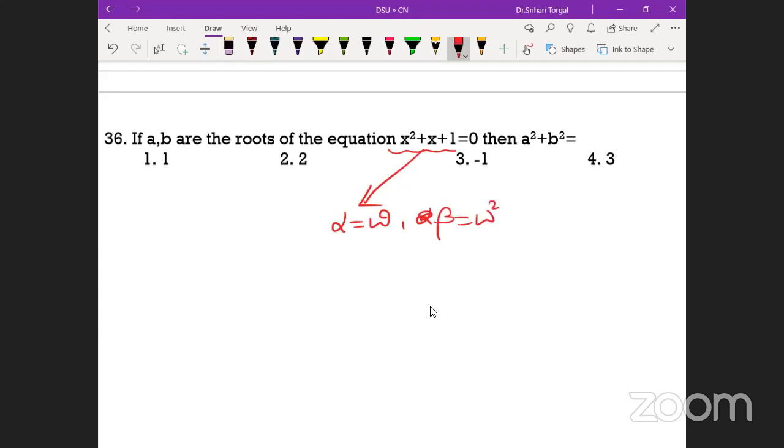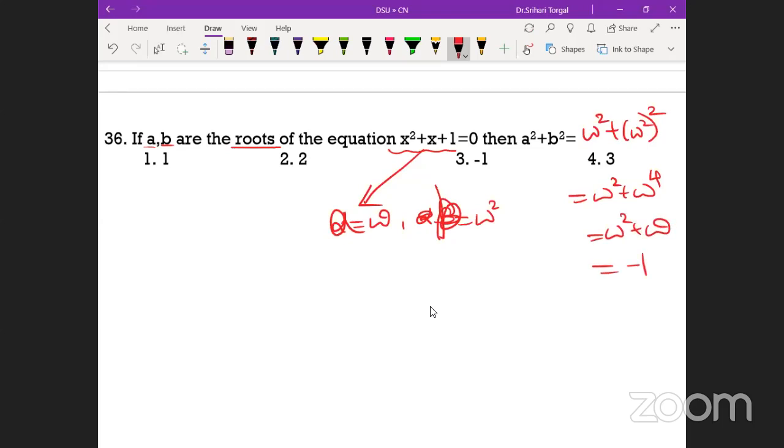If a and b are the roots of the equation, then you take a as omega and b as omega square. What is the answer? Omega square plus omega square square, omega square plus omega power 4, omega square plus omega. It is minus 1. Option 3 is the right answer.